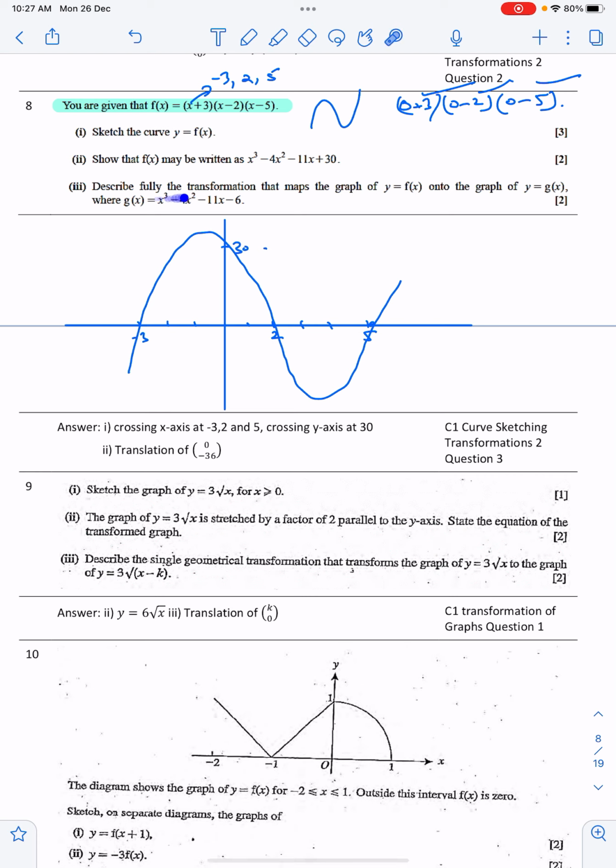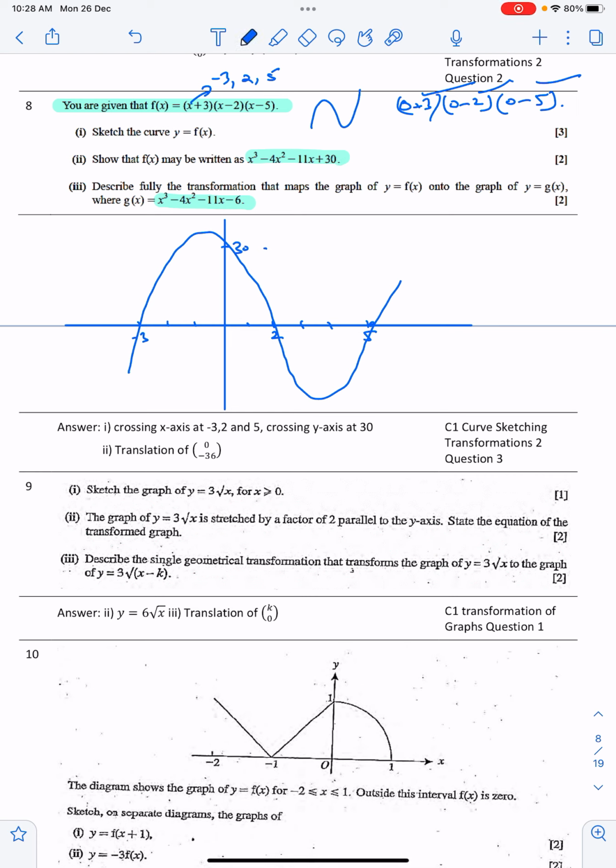The last part, describe fully the transformation which maps the graph of y equals f of x onto the graph of y equals g of x, where g of x is this. If you're multiplying the 3 brackets and you're getting this, compare it with this, it's exactly the same. The only difference is that it was 30 here and now it's a 6 here. That means if you subtract 36 from it, 30 minus 36, you will get a -6 here.